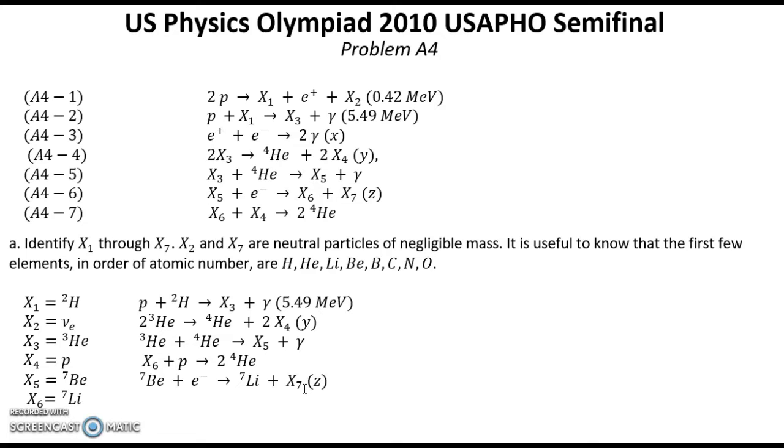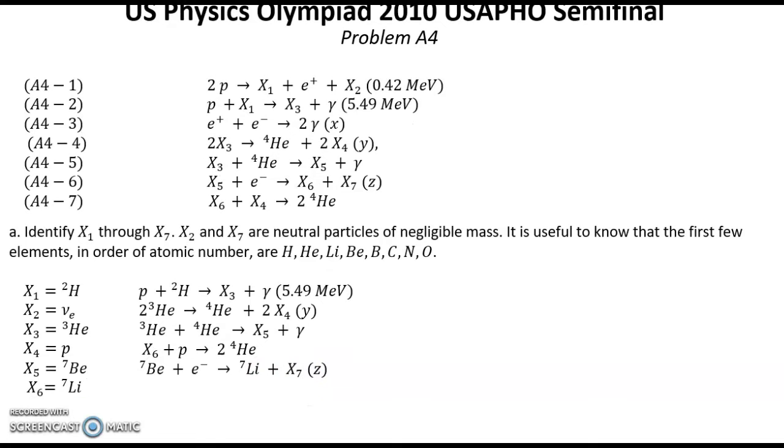And again we need to use lepton numbers. So from the left we have electron, so it means that x7 must be electron neutrino to conserve lepton number.